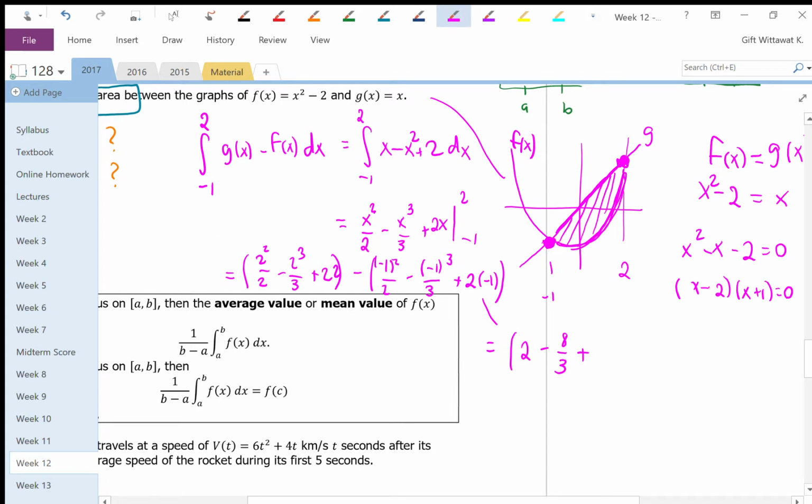So I get 2 minus 1/3 plus 4, minus 1/2 plus 1/3, minus 2. So it's going to be 2 minus 1/3 plus 4 minus 1/2 minus 1/3 plus 2.